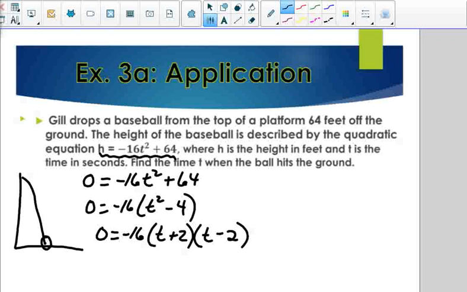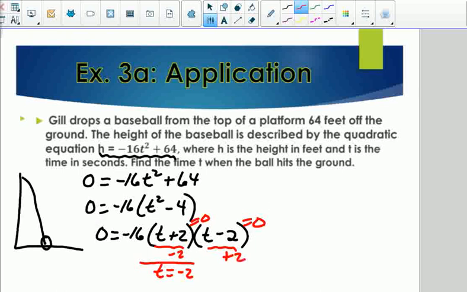Now we need to only be dealing with positive time, when the time is a positive amount. So if I make each of these equal to 0, I look only at the ones with the variables. The 16 doesn't matter if it's negative 16 or positive 16. If any one of these equals 0, the whole thing is equal to 0. So here, if I subtract 2 on both sides, t equals a negative 2.